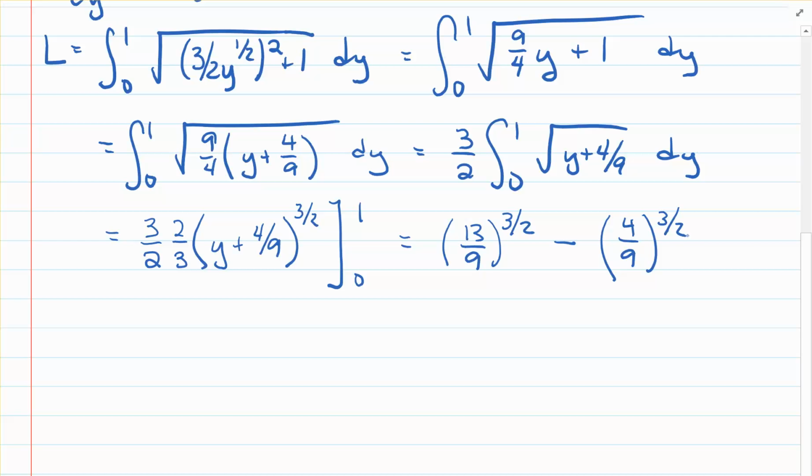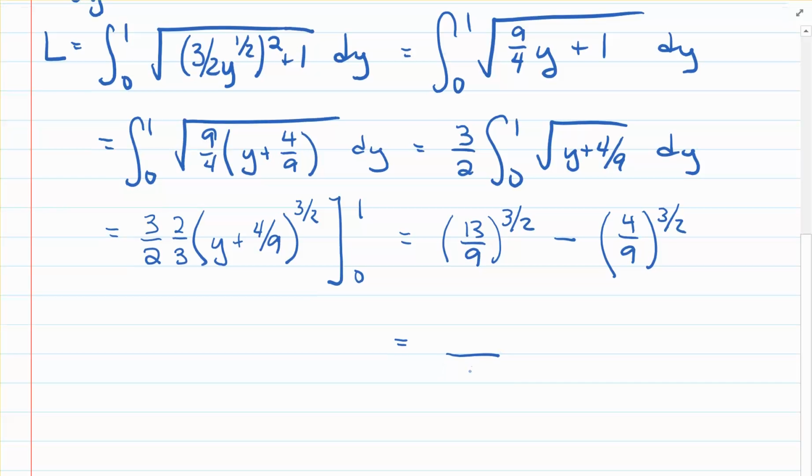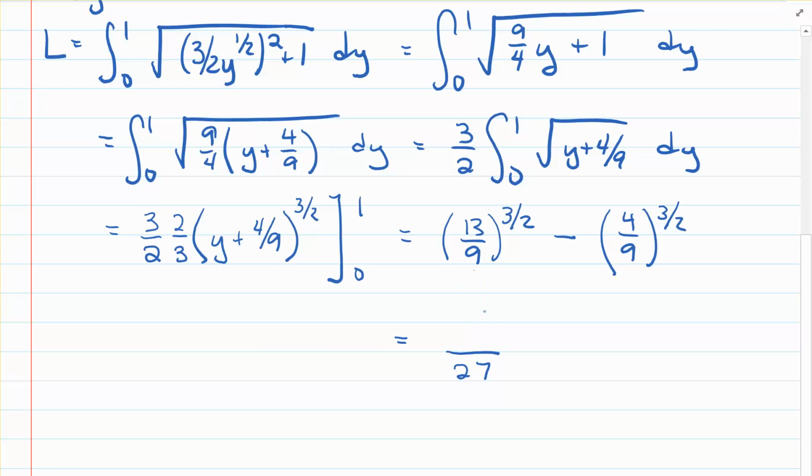And that's the answer. Now I can clean that up a little bit, since these are cubed and also square rooted, so I can do the square roots. The square root of 9 would be 3, and then cubing that is 27. I can't do the square root of 13 though.